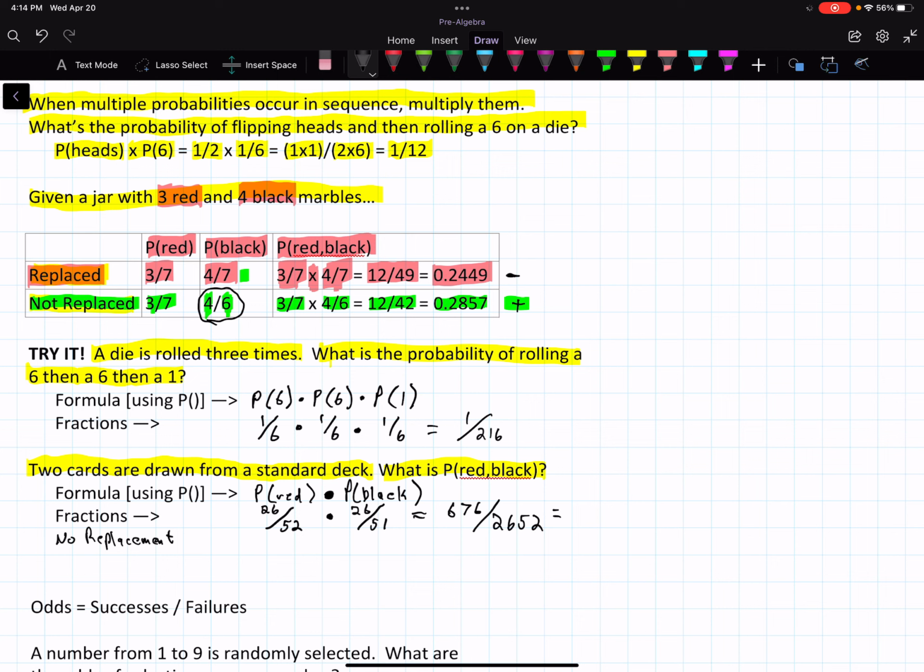And I'm just going to divide those numbers on my calculator. 676 divided by 2652. That leaves me with 0.255, and I'm going to round it, it's approximately 25.5%.